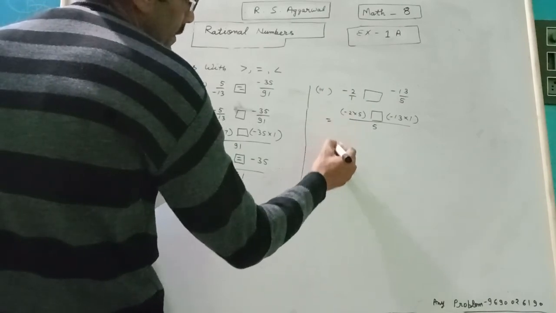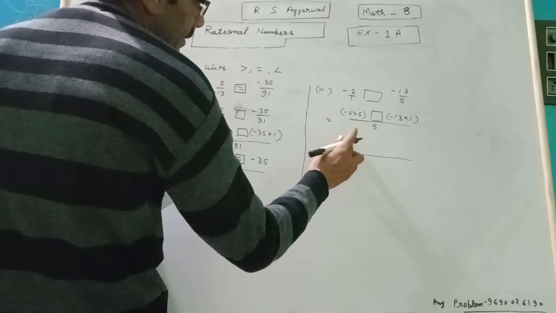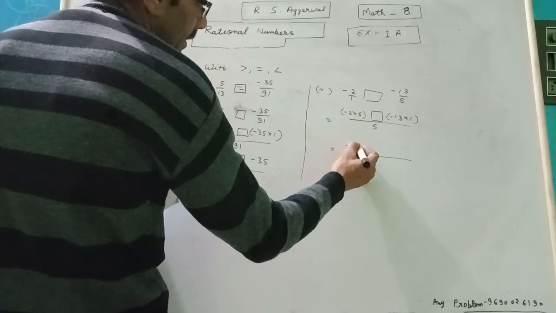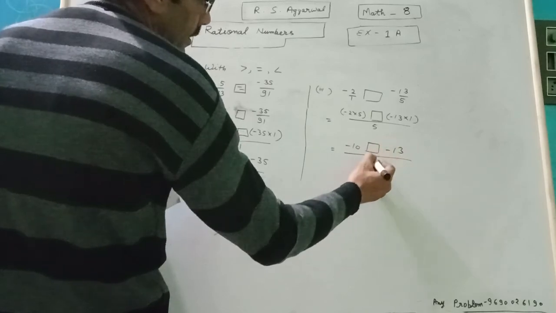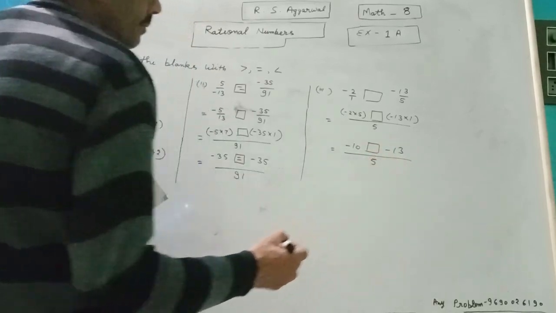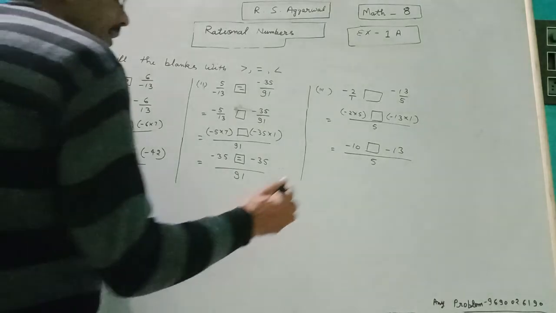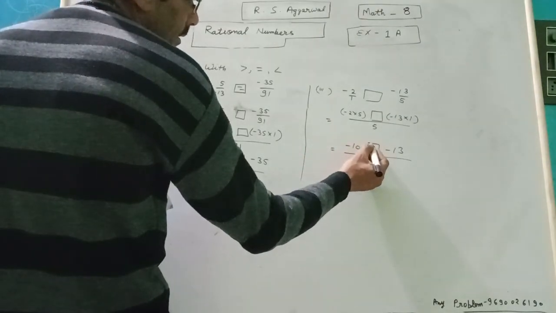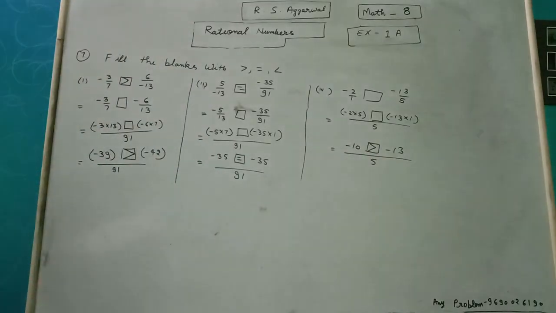After multiply, 5 2s are minus 10 and minus 13 upon 5 is LCM. Minus 10 and minus 13, minus 10 is greater than, so greater than is the symbol in third part. Thank you.